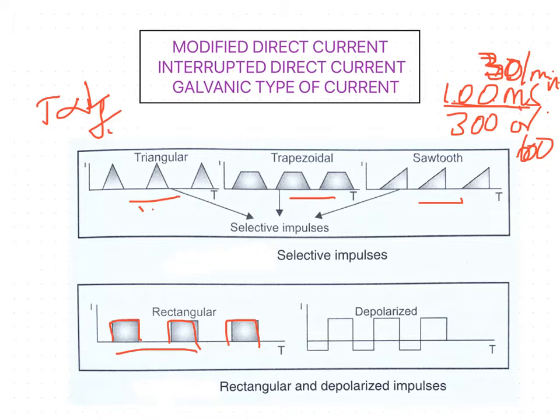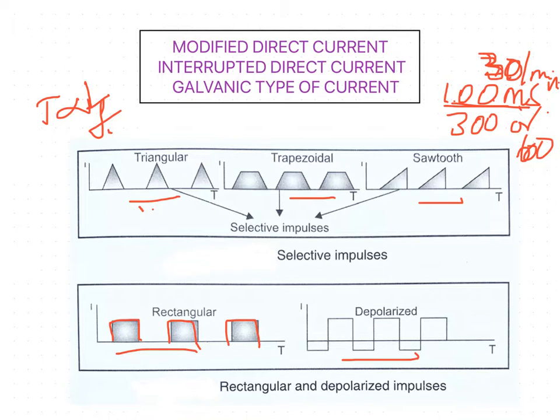Some equipment allows for a low intensity reversed current between the impulses, giving so-called depolarized impulses. So this is low intensity reversed current.